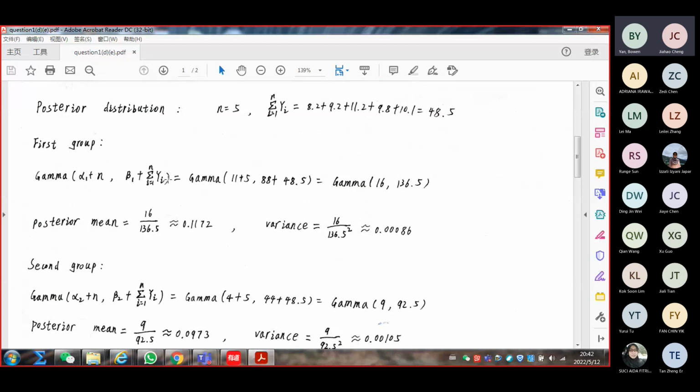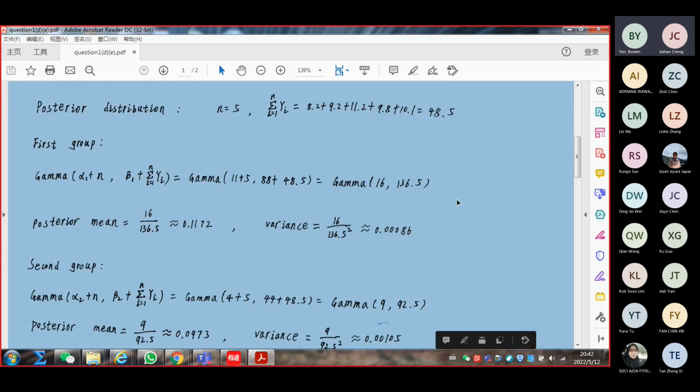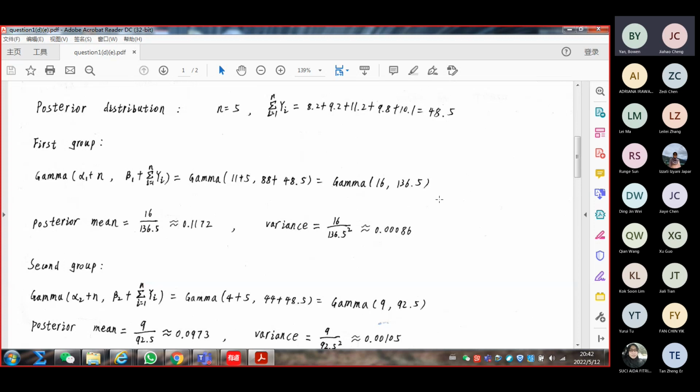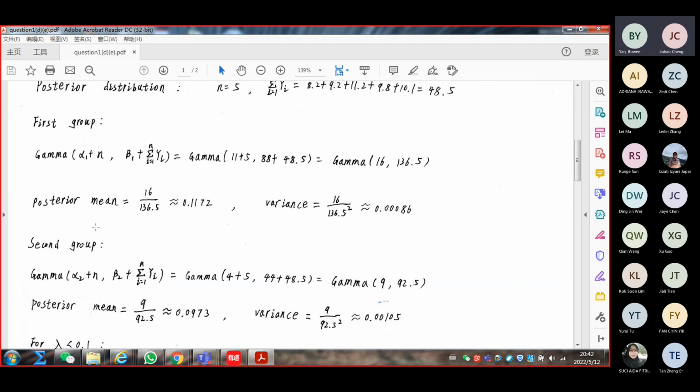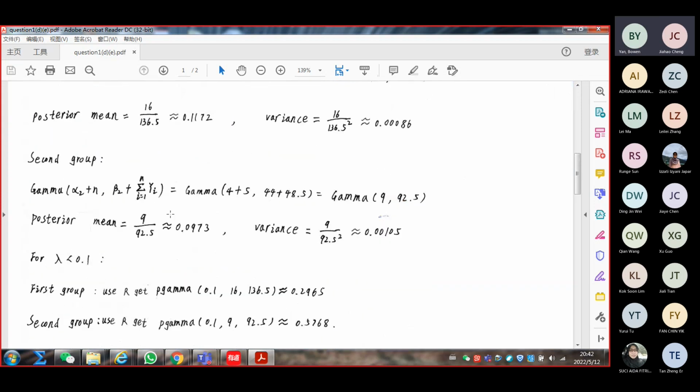So for the first group, we can find gamma alpha 1 plus n, beta 1 plus sum of y, equal to gamma 16 and 136.5. The posterior mean equal to 0.1172 and variance equal to 0.86. In the same way, we can get the second group.